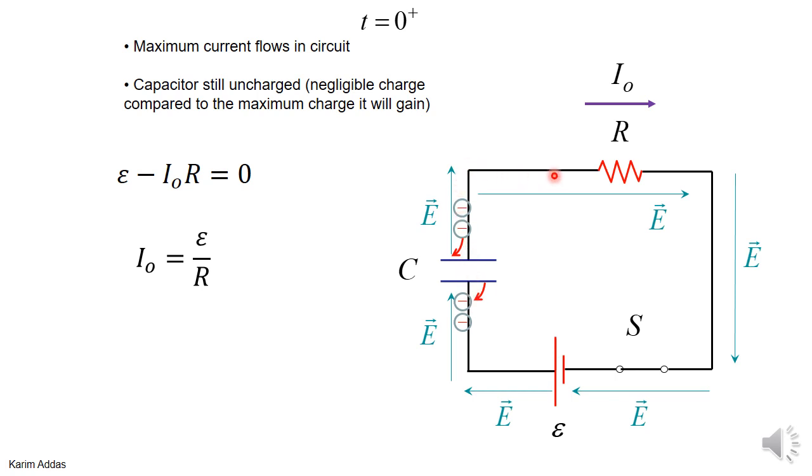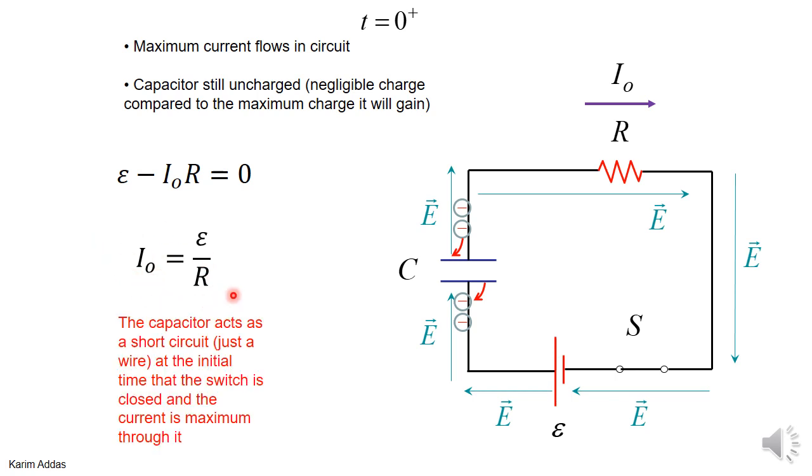And then when you go from here to here, the potential decreases by a factor of I naught times R. So you get minus I naught times R. And then we reach the same point we started from. So the loop equation, you set that equal to 0. So this will be the loop equation at the initial point in time when you close the switch. You can reverse this to get I naught in terms of the EMF of the battery and the resistance. So this is the initial current in the circuit.